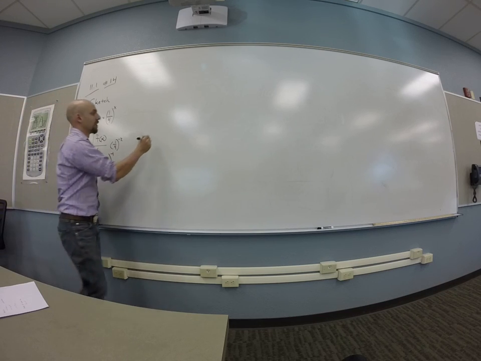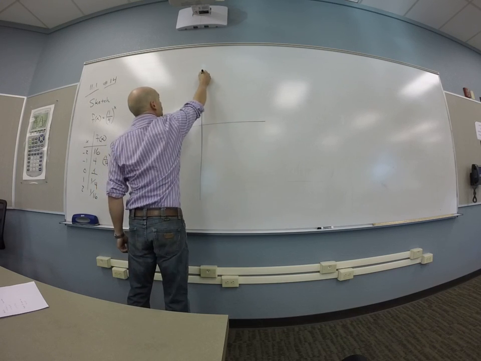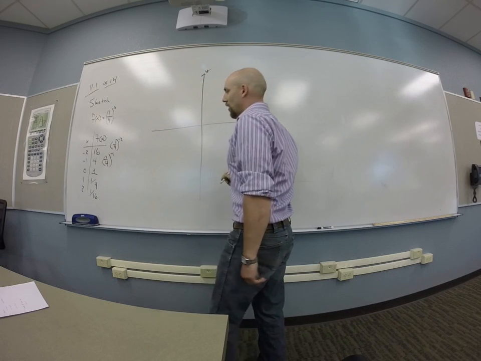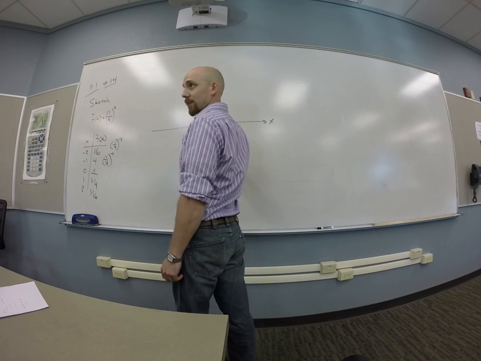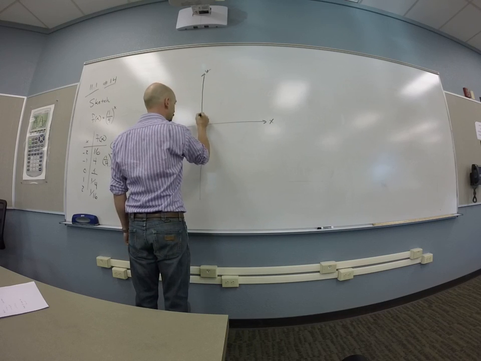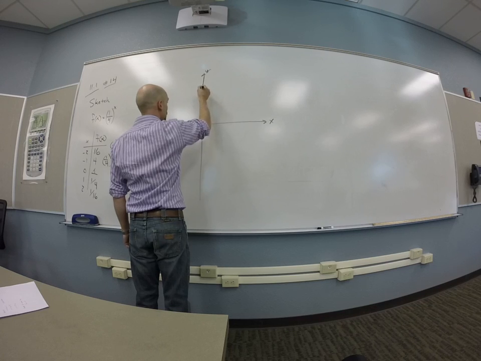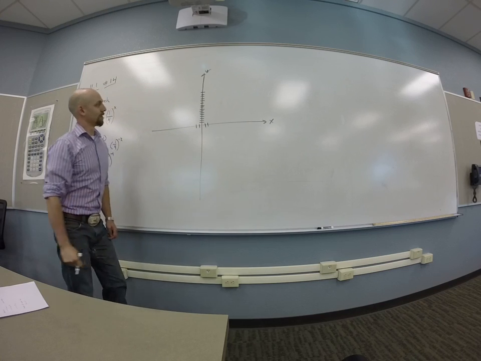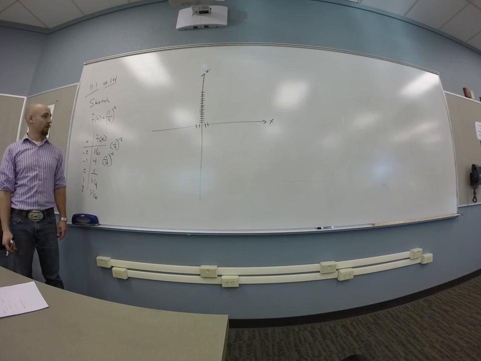Okay, so let me graph. I need 16. This is going to be kind of a wobbly picture, because it's going to be super narrow.